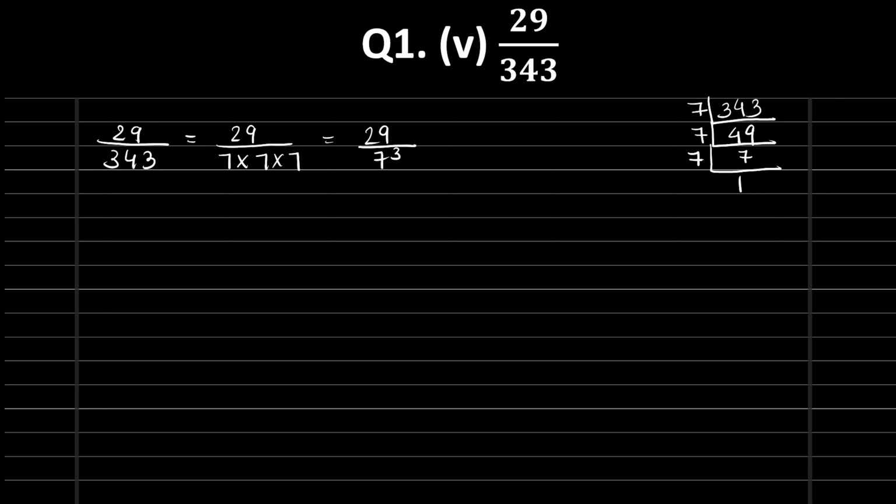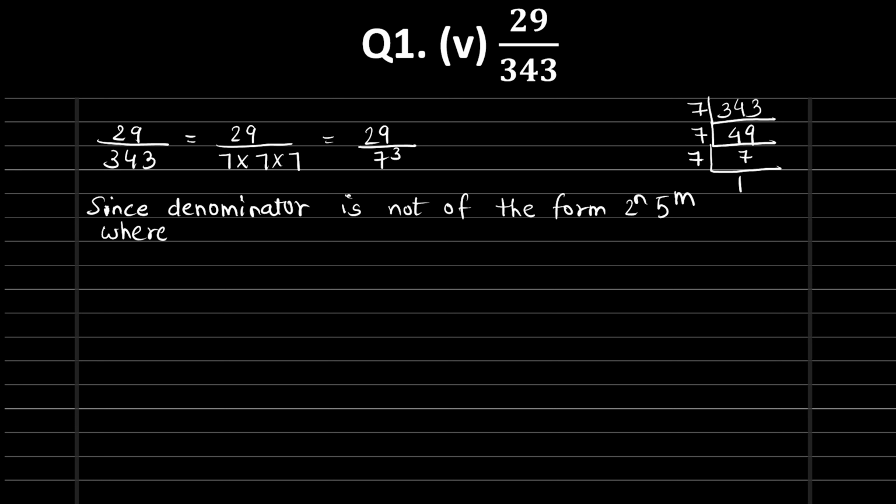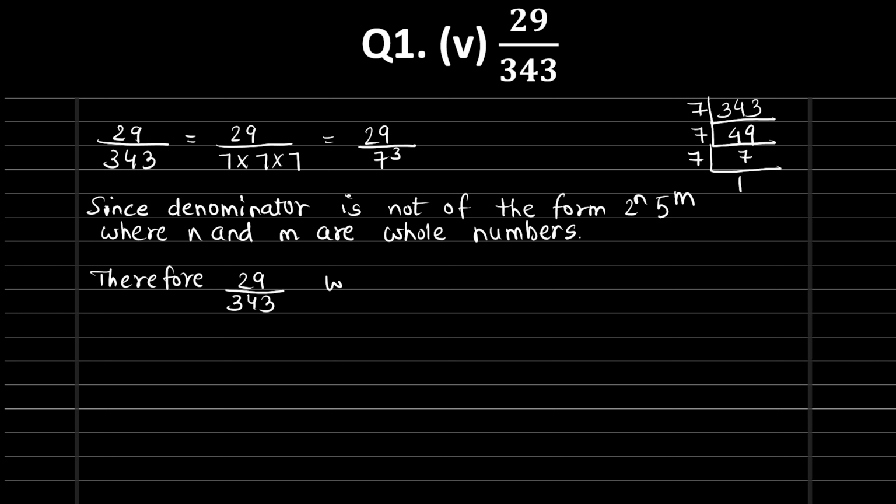So therefore, whenever you will have any other prime factor apart from 2 and 5, we will say since the denominator is not of the form 2 raised to n into 5 raised to m, where n and m are whole numbers, therefore 29 upon 343 will have non-terminating repeating decimal expansion.